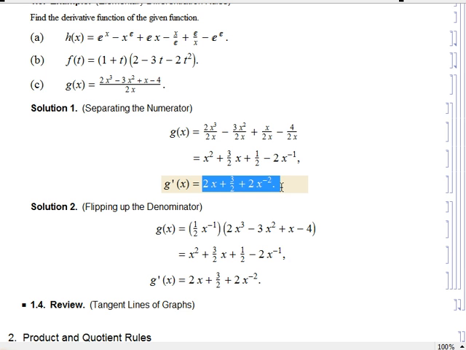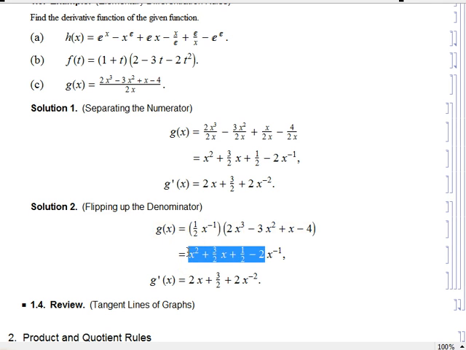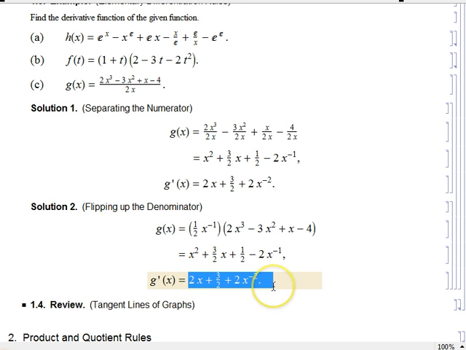Alternative way, we can multiply by the power function with negative power. That's the way we change division to multiplication, and then use the distributive law to expand everything out, and then do the same thing.